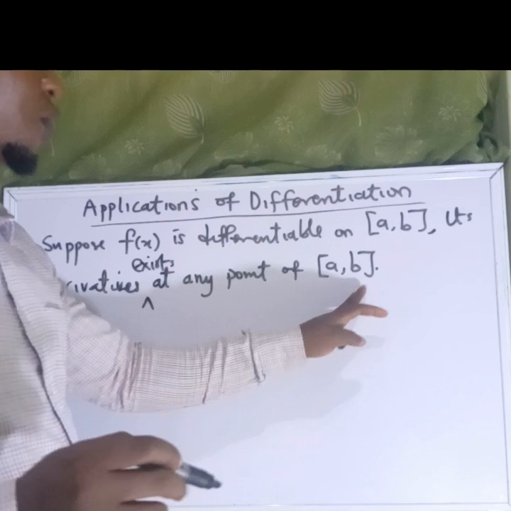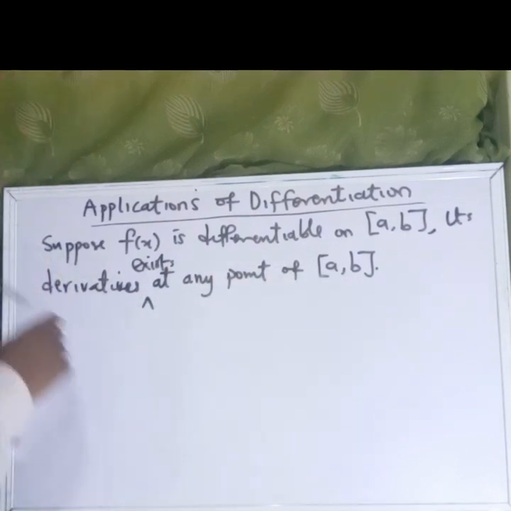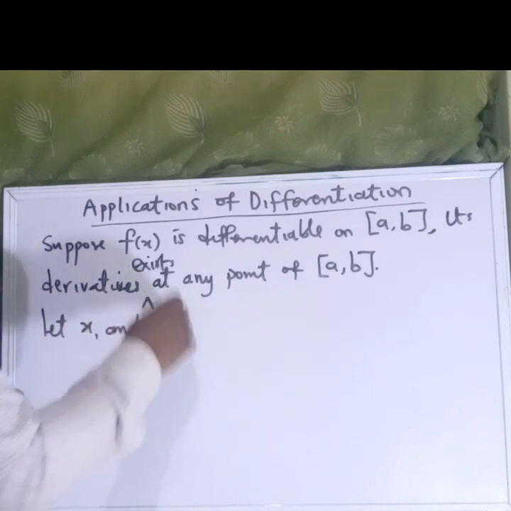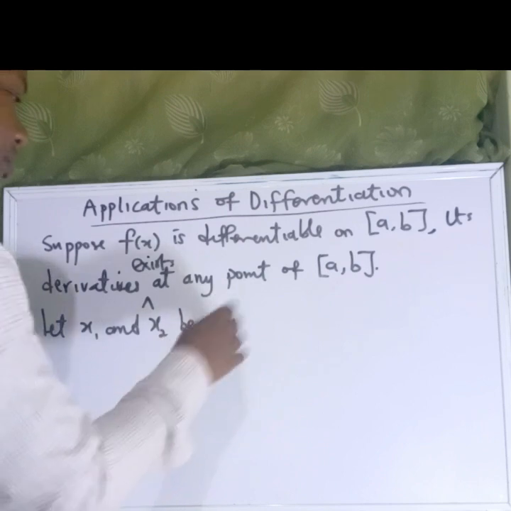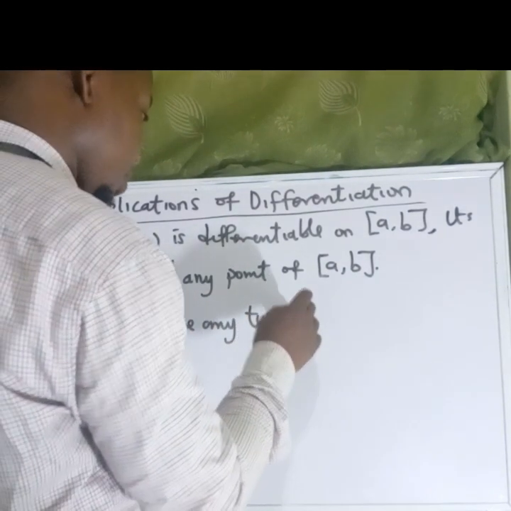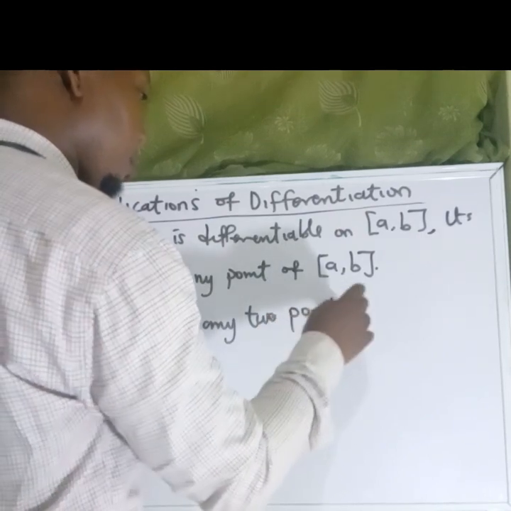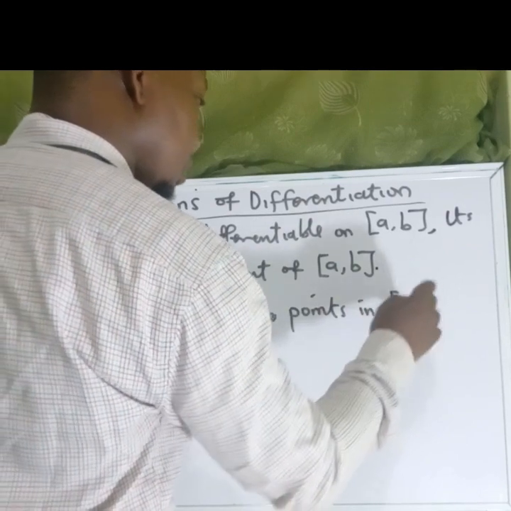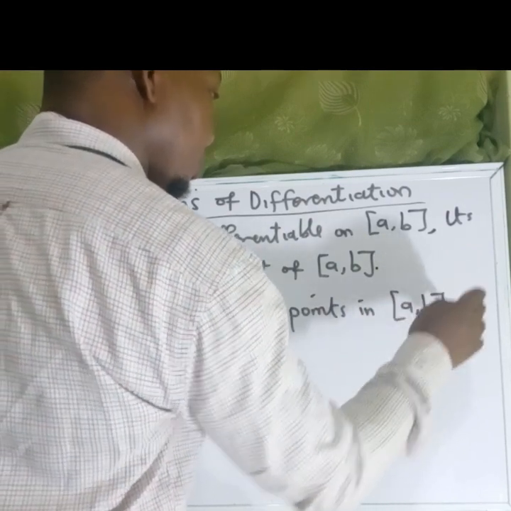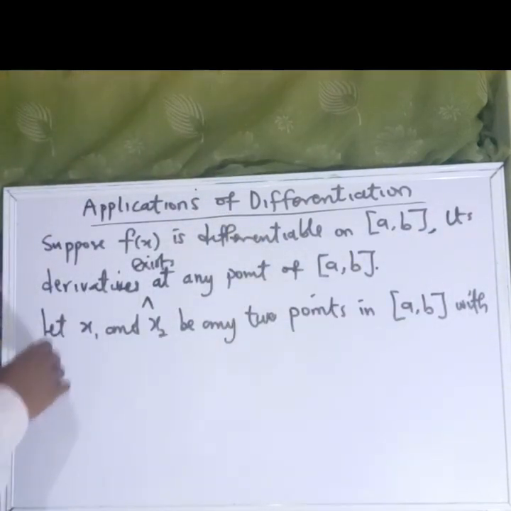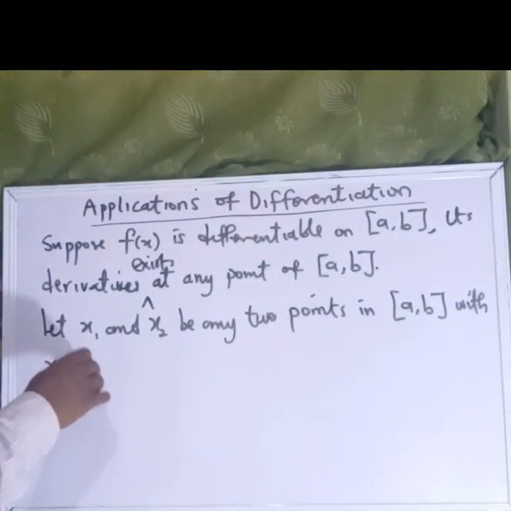So in this case, if we let x1 and x2 be any 2 points in the interval AB, accompanied with the fact that this x1 is less than x2.